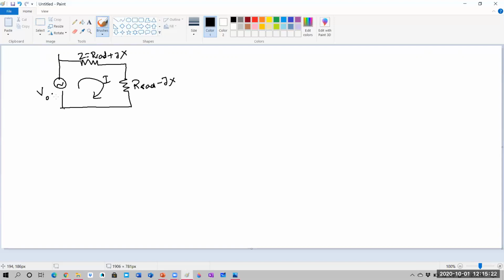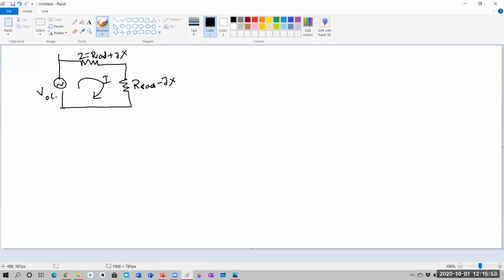This is VOC. Let us calculate the effective aperture for a Hertzian dipole. When the Hertzian dipole is used as a receiving antenna, it extracts power from the incident waves and delivers it to the load, producing a voltage on it. So the equivalent circuit is shown here.